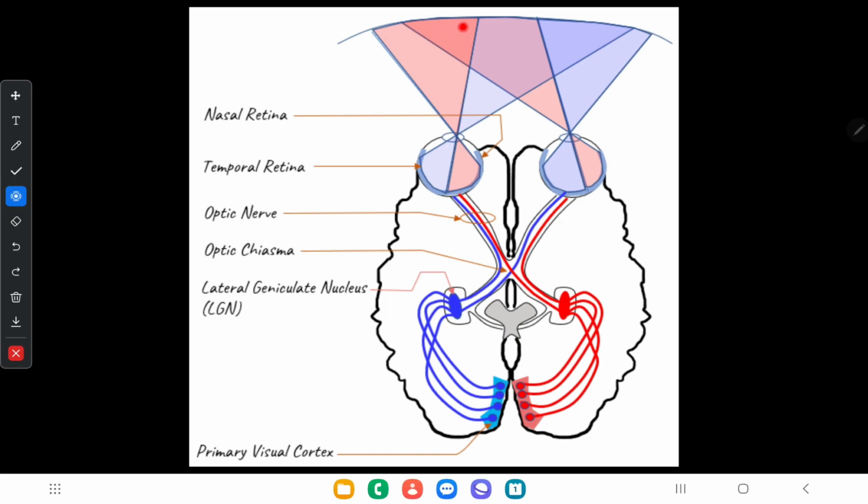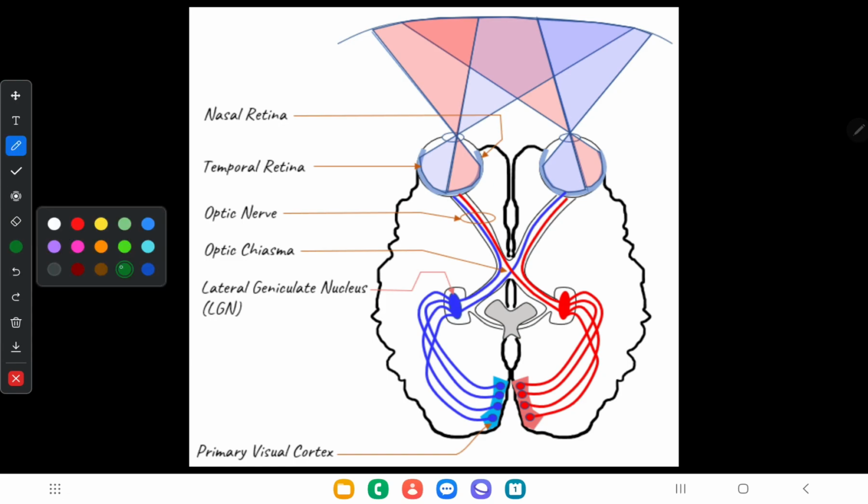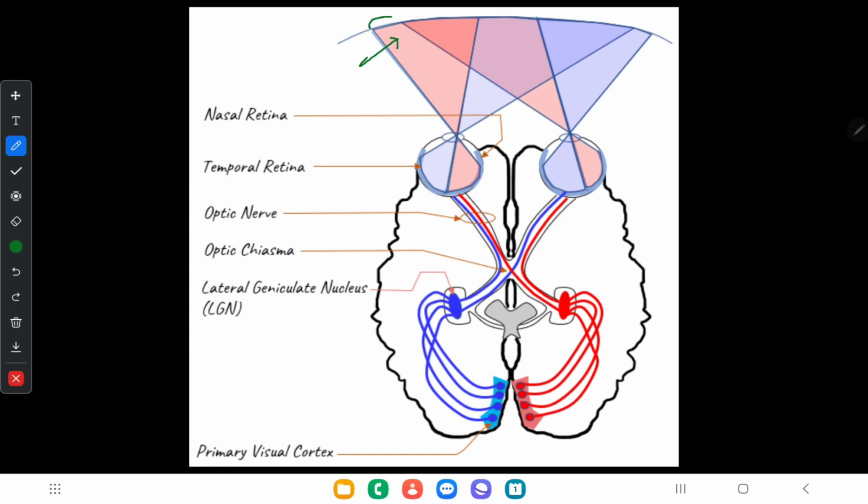This area is the temporal visual field, and this area is the nasal visual field. This is for this eye.